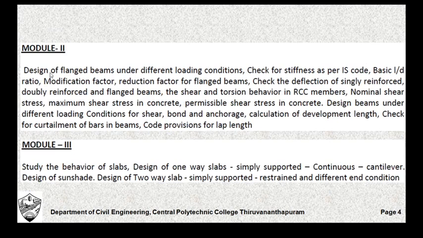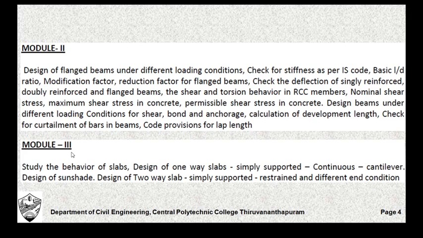Now coming to module 2, you shall study about the flanged beams under different conditions of loadings and several other provisions in the IS code, such as design for bond, design for shear, the development length, and the check for deflection. All such aspects shall also be dealt in detail.